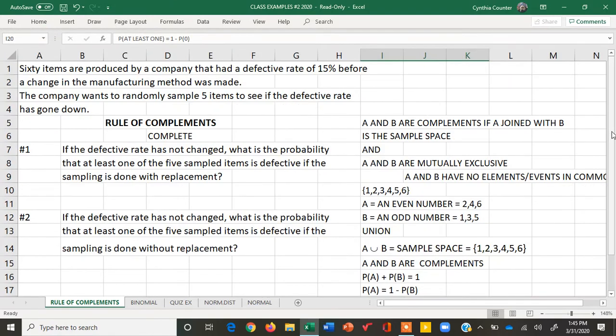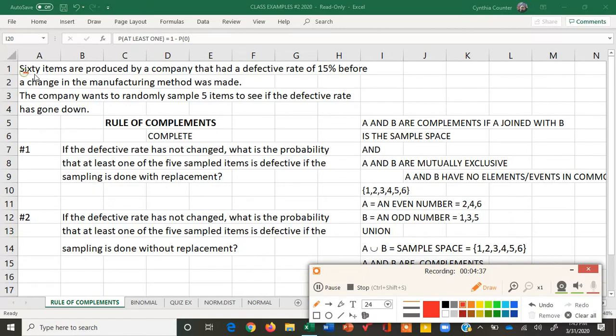Let's look at the sampling problem. What we have here are 60 items produced by a company that had a defective rate of 15%. They make a change in the manufacturing method and they're hoping that they have improved the manufacturing rate.